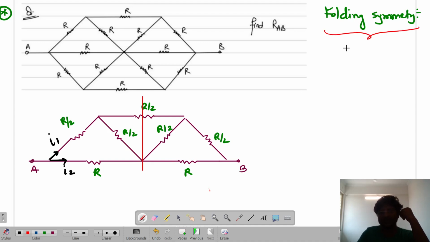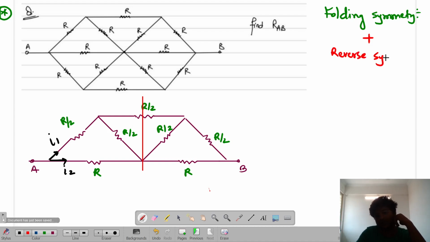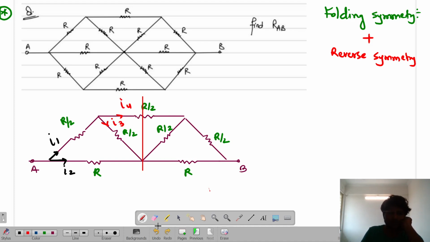So sometimes, if I also apply folding symmetry, I'll have to apply the reverse symmetry also in this kind of question. So with the reverse symmetry, let's suppose the current was here I3, I4. So here also the current will be I4, then here also I3, here also I2, and here also I1. Are you able to get me?